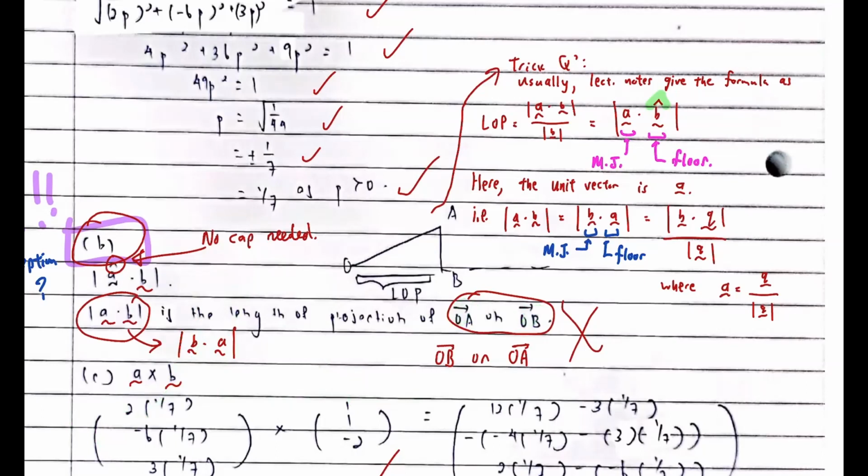You should stick to the same notation. So it should be vector B onto vector A.